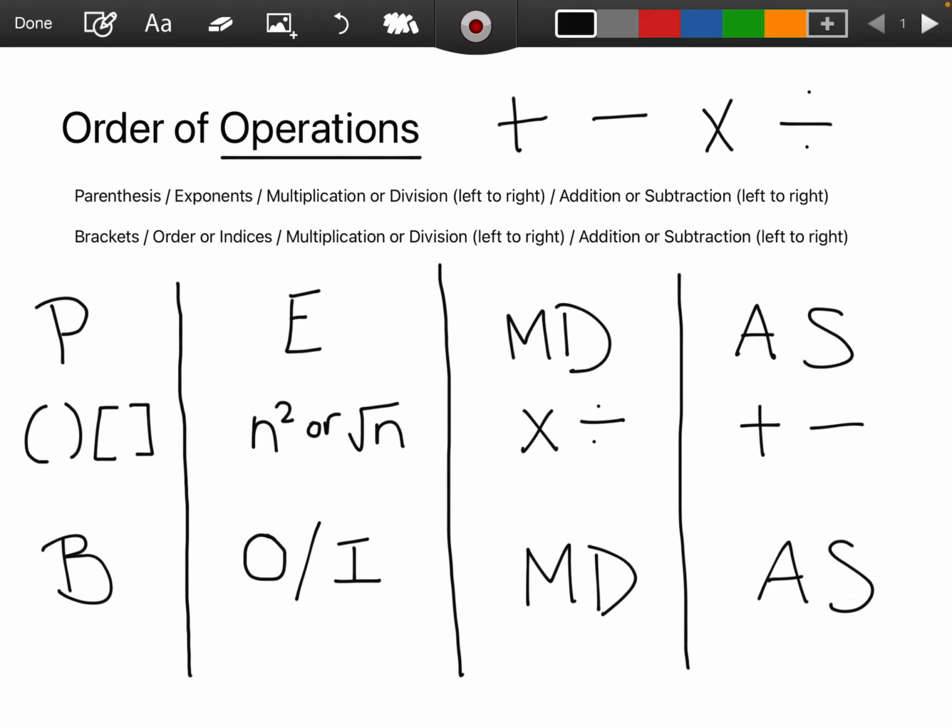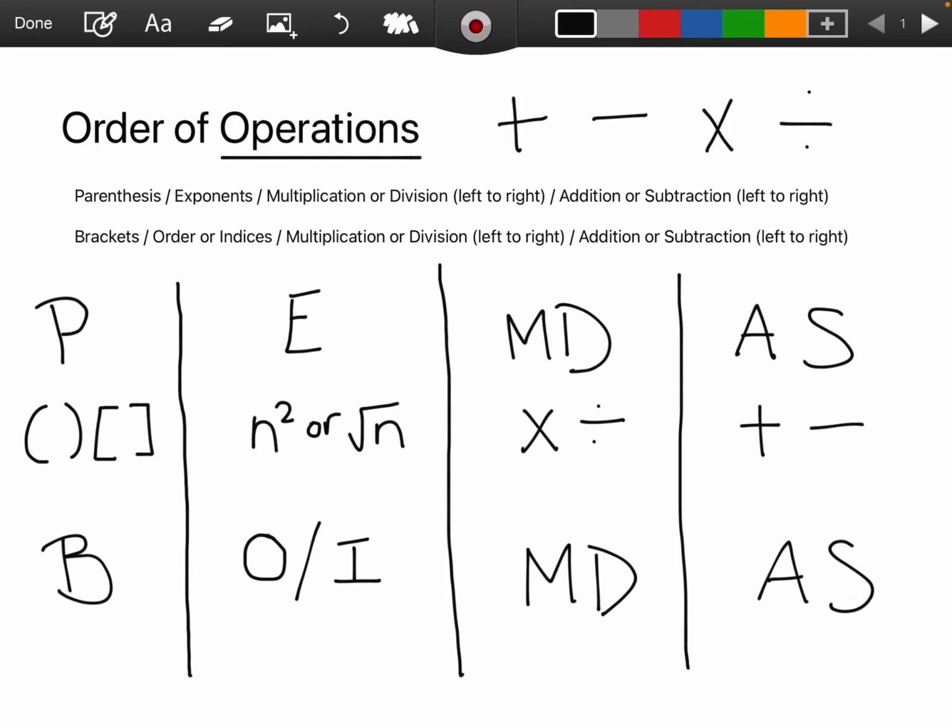mean the same thing. First, you simplify any parentheses or brackets. Once those are done, you move on to any exponents or roots. Once those are all done, you move on to multiplication and division.